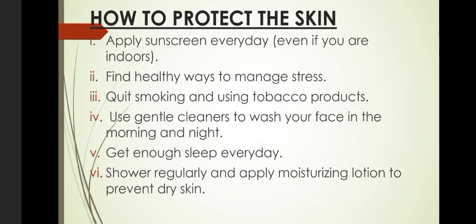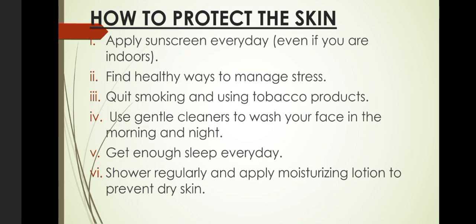So in order to ensure that your skin, which carries out so many functions within your body, remains healthy and intact, we have some things that you're supposed to do on it. Those things and the measures that we carry out to ensure that our skin remains healthy and functional include the following. Number one, you must apply sunscreen on your skin on a daily basis, whether you are indoors or outdoors.